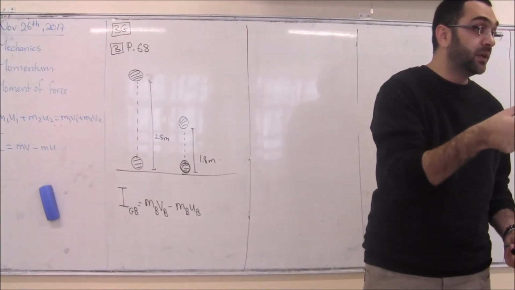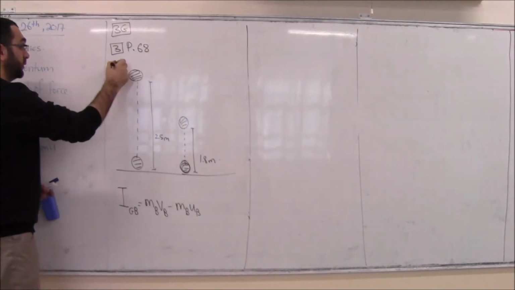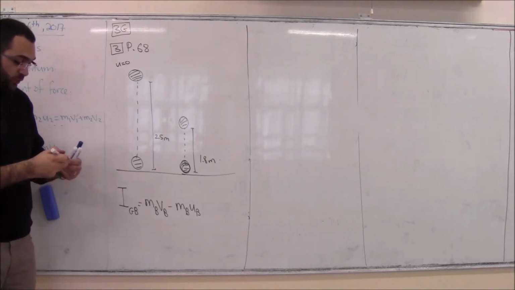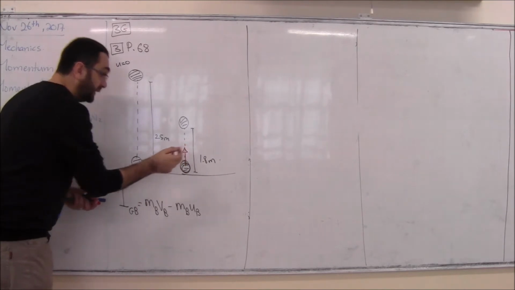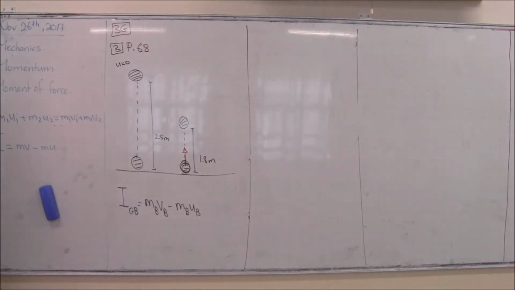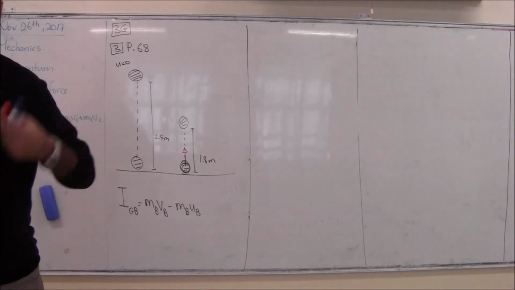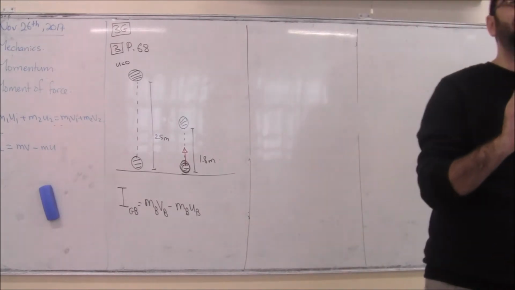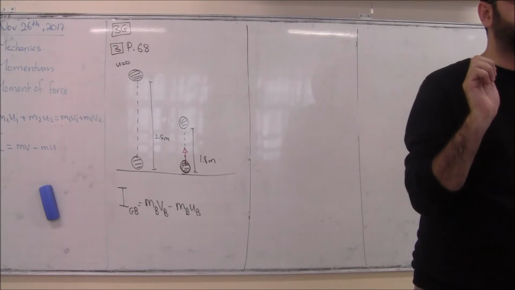The initial speed here is zero. The speed that the ball rebounds with is the speed immediately after the collision, or after the impact.